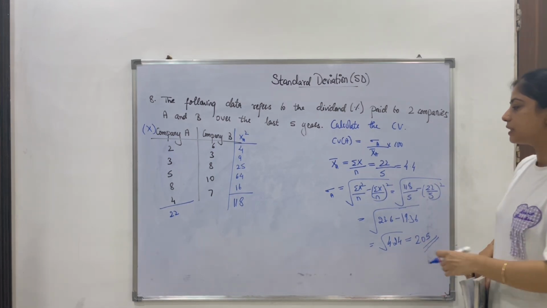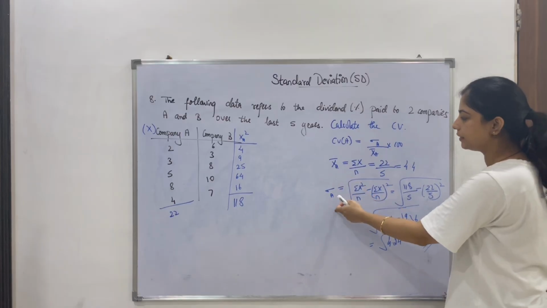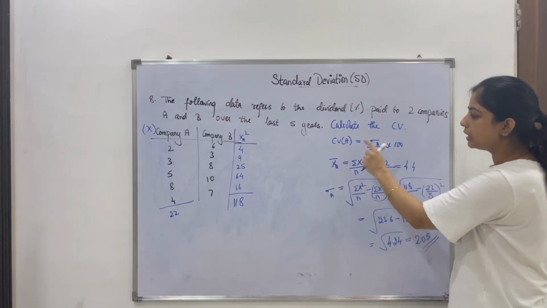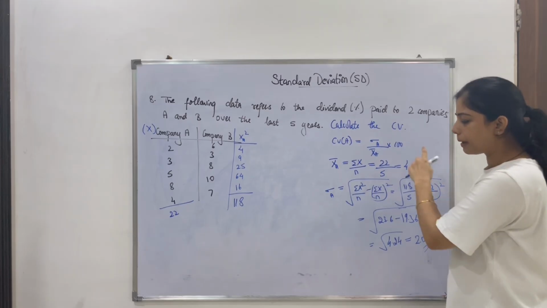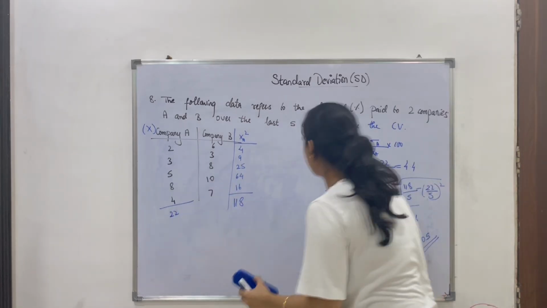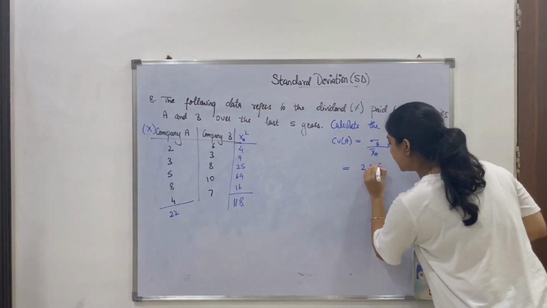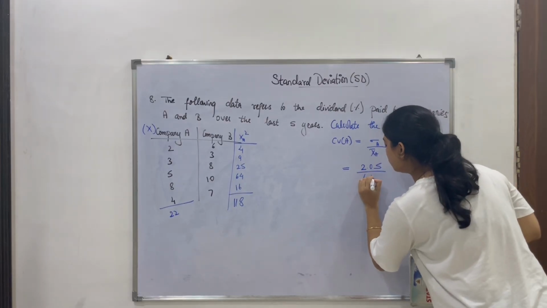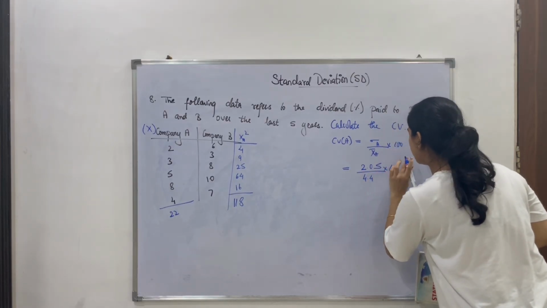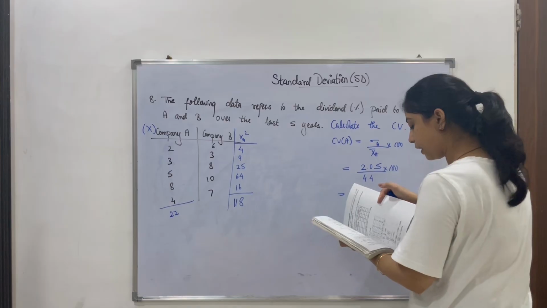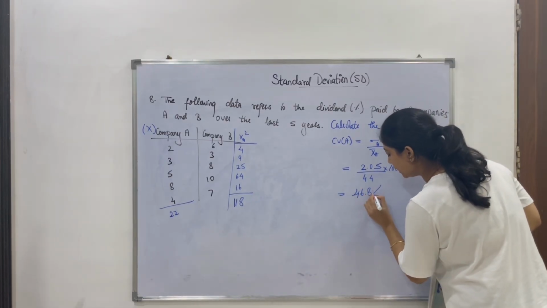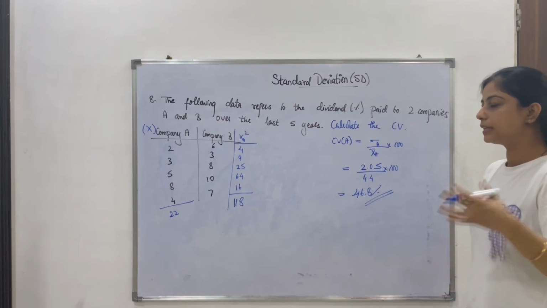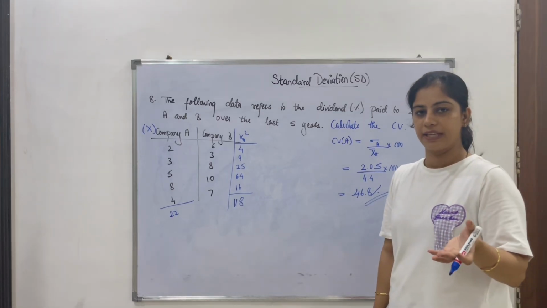Okay, so this is the answer for the mean and standard deviation for company A. Now let us substitute back in the formula and get the CV of this, and mean was 4.4 into 100. So the CV of company A is 46.8%. So this is the coefficient of variation for company A.